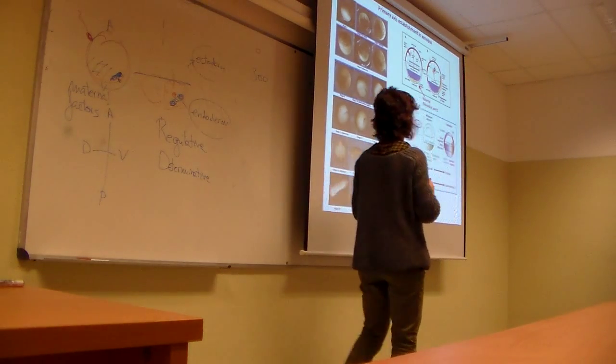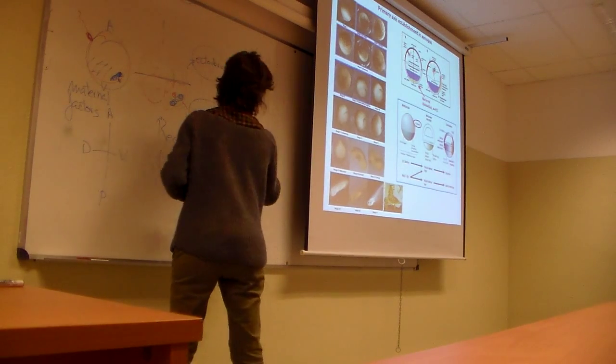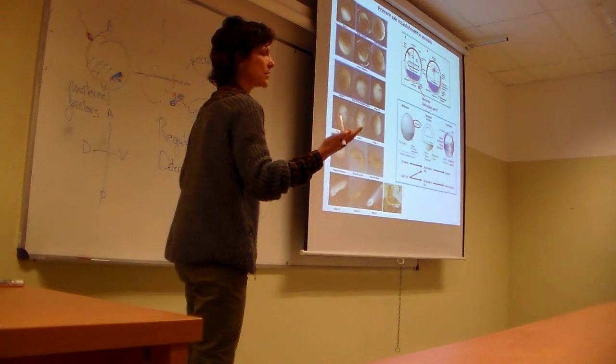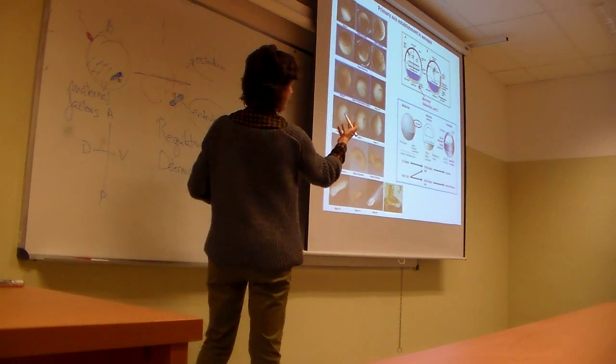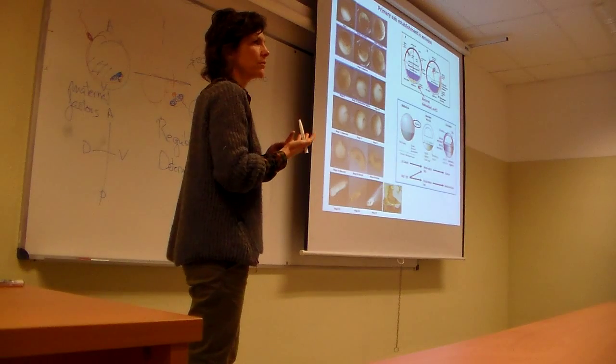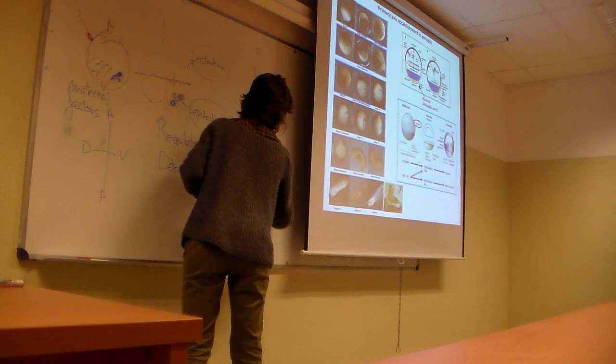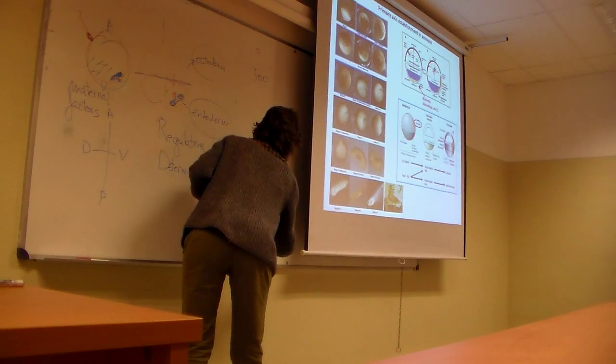Okay, the Nieuwkoop center is, if you have an embryo, this embryo now has many cells, okay, many cells. It's at the blastula stage. It's just before gastrulation, okay, just before the formation of the germ layers. And here, it's formed what is called an organizing center.